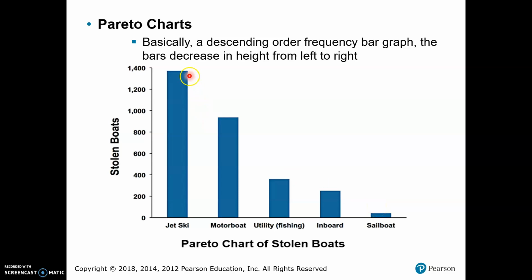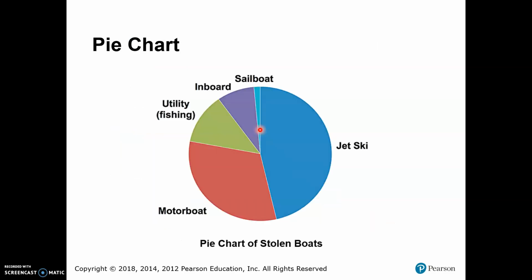So the bars are decreasing from left to right. Another type of graph that we use is the pie chart.